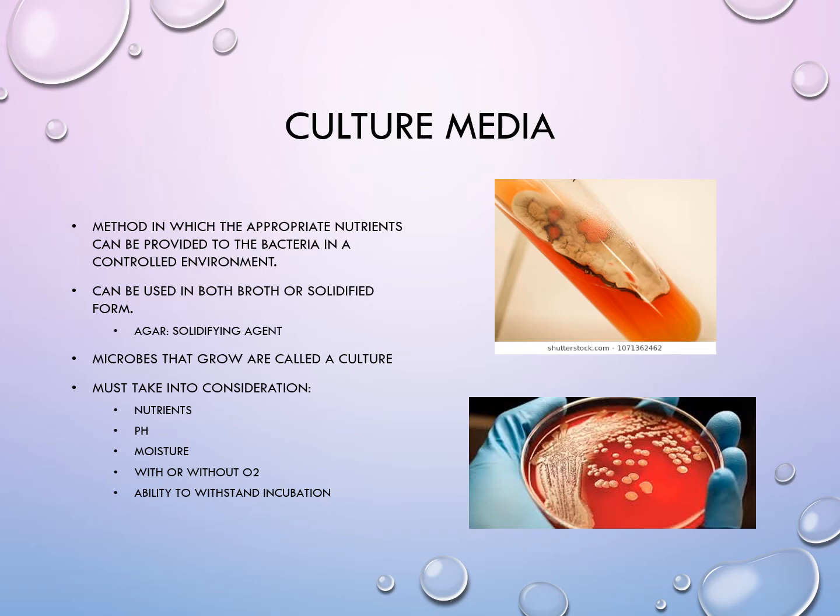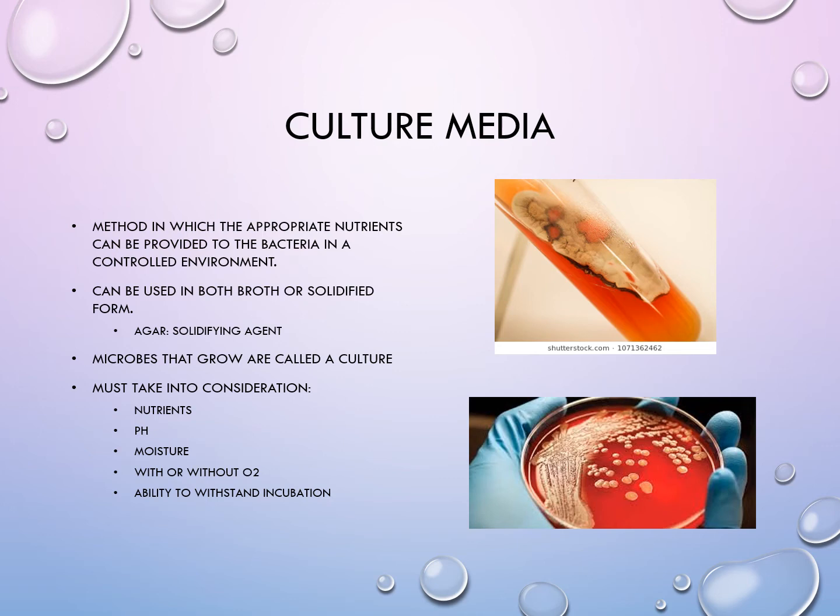And agar comes from red marine algae, and it's just a solidifying agent, and it's used in foods that we eat. It's just a polysaccharide, and it serves as the perfect solidifying agent for the nutrient broth that we are going to use to grow microorganisms.